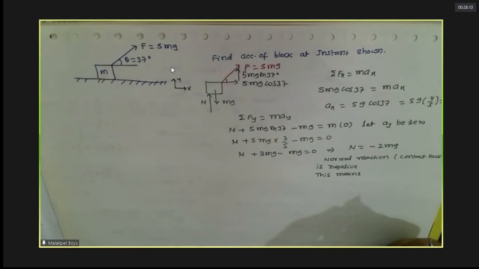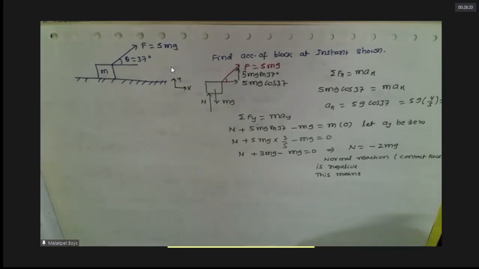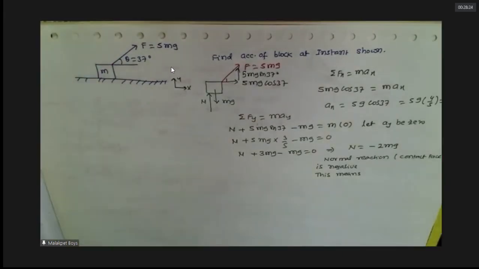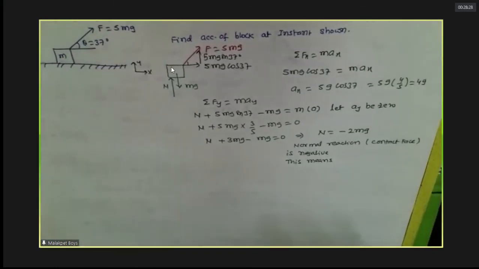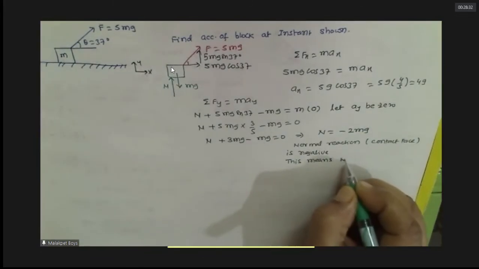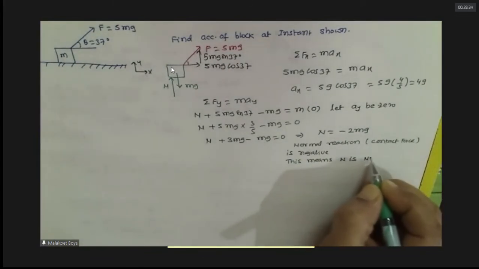But before the birth, suppose you are born at 10 o'clock on so and so date, before that time you are non-existing, no? So the moral of the story is: if any physical quantity has a negative value, this implies that the physical quantity is not existing. Understood? This means N is non-existing.